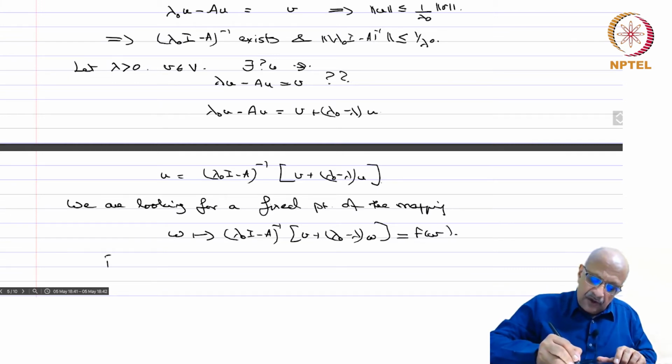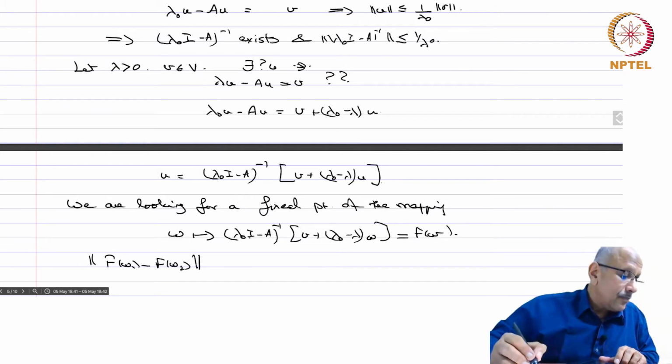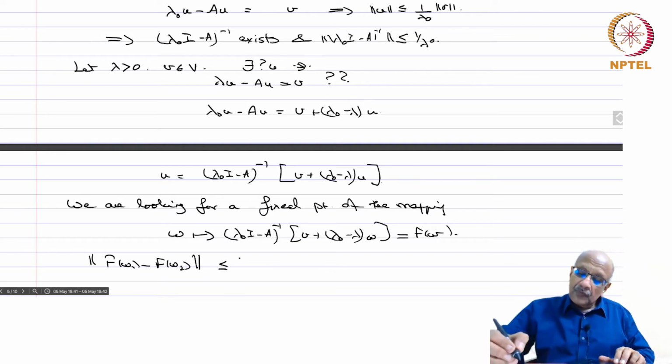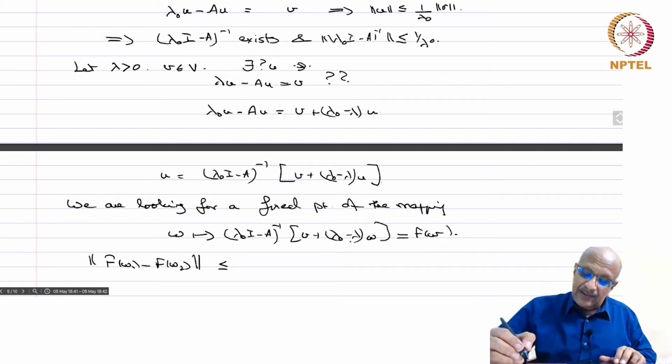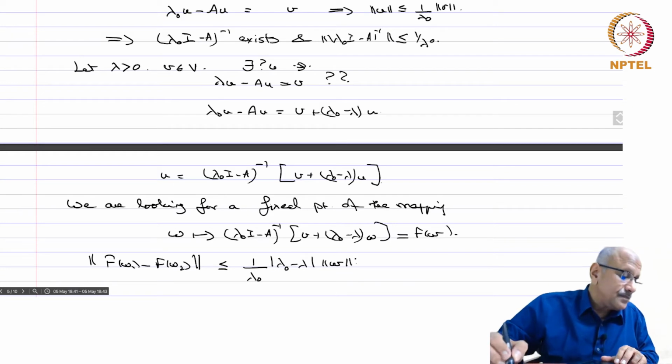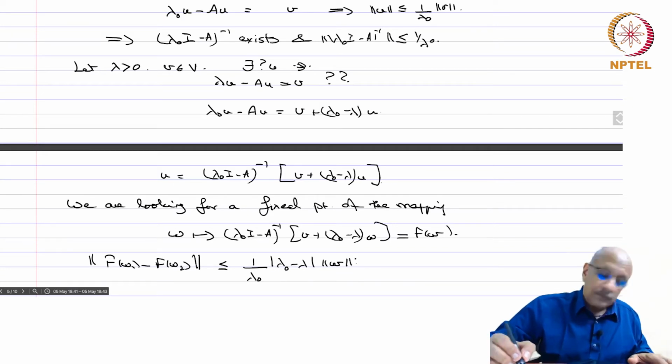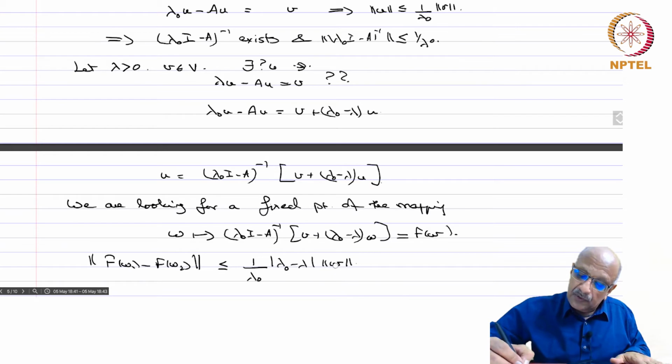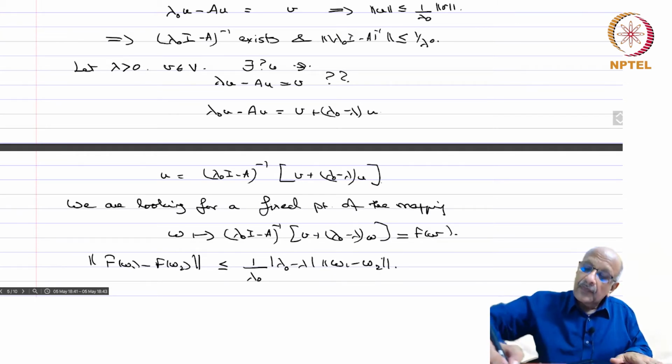and therefore, the norm of f of w1 minus f of w2 is less than or equal to, so we have to subtract, the v gets cancelled out, and (lambda naught I minus A) inverse has norm 1 over lambda naught, so we get mod (lambda naught minus lambda) times norm of w1 minus w2. Okay.